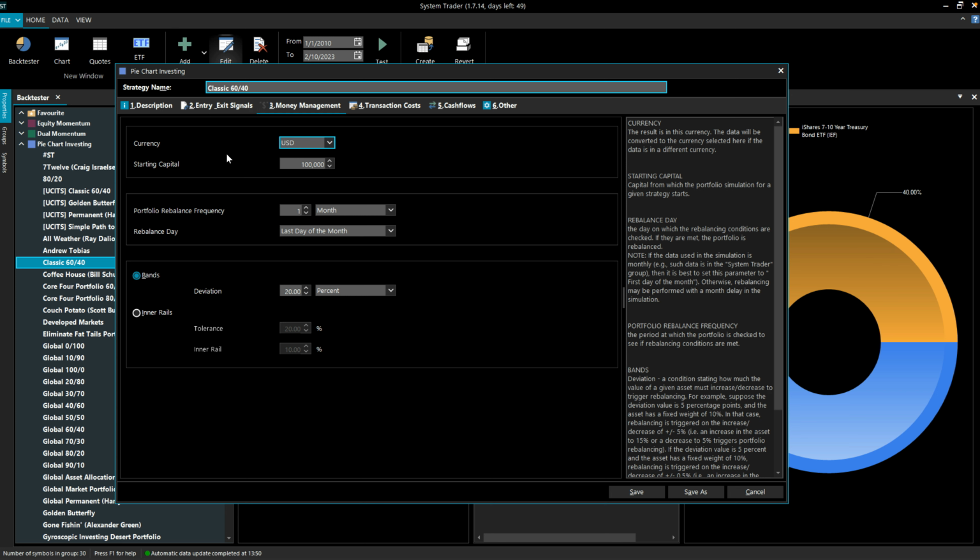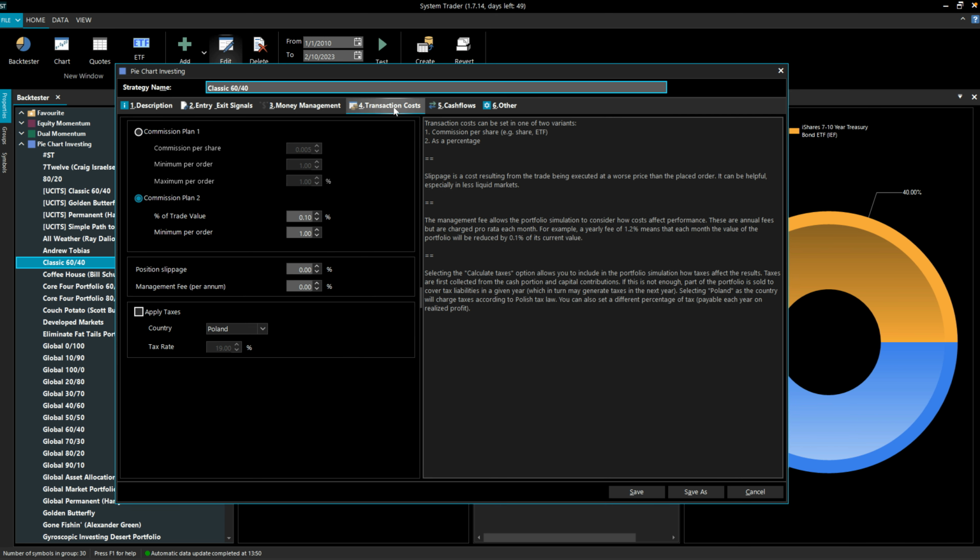So for example, let's say you are living in the Eurozone and you want to see how the portfolio performs in your local currency. Then you can set it up here. Here is about rebalancing the portfolio. I will skip that for the moment because I will not discuss it in this lesson, but we will get back to that topic soon.